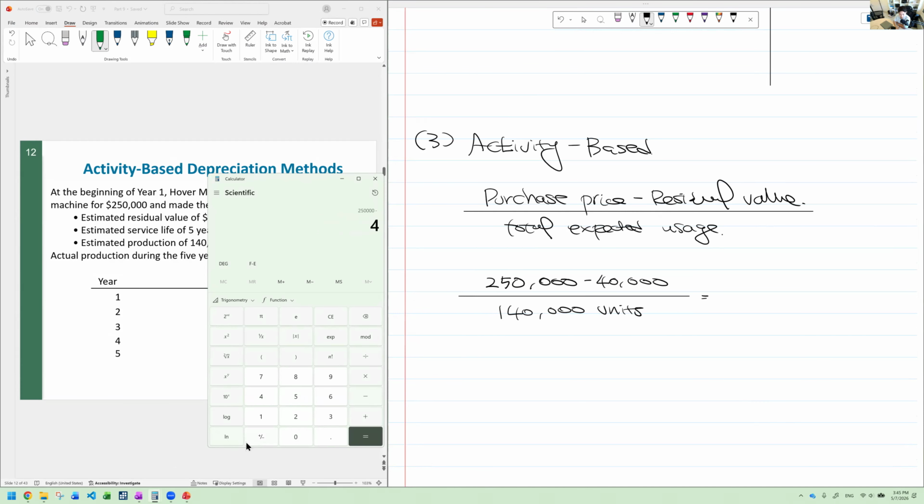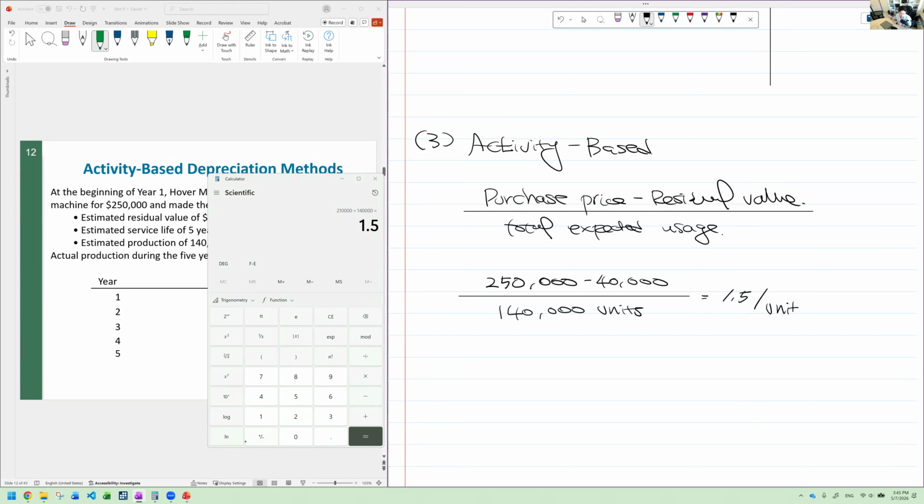$250,000 minus $40,000 and then divided by $140,000. That means for every unit that you use this machine or asset for, we are going to depreciate it by $1.50.